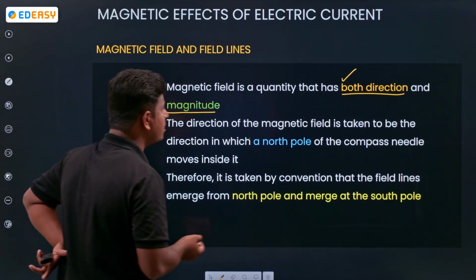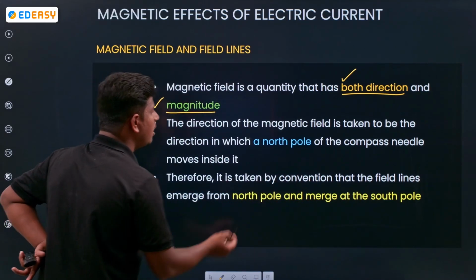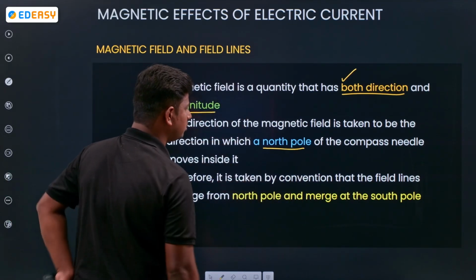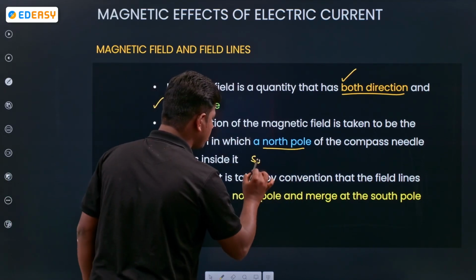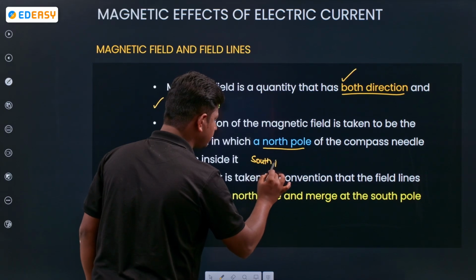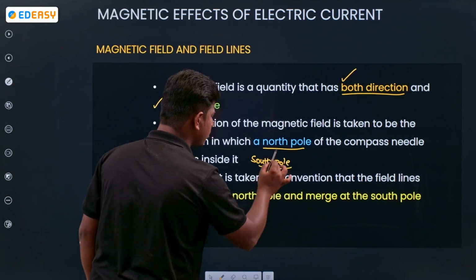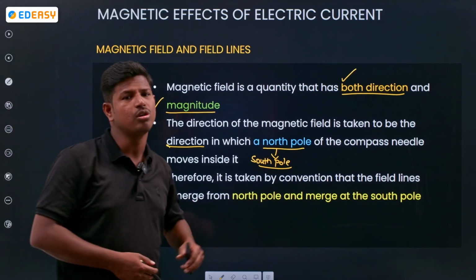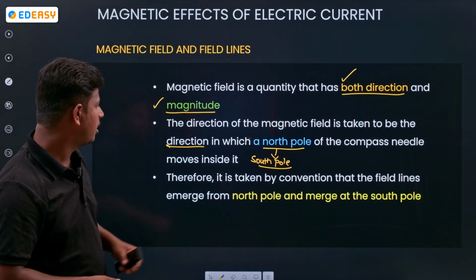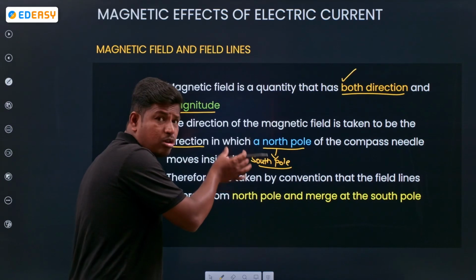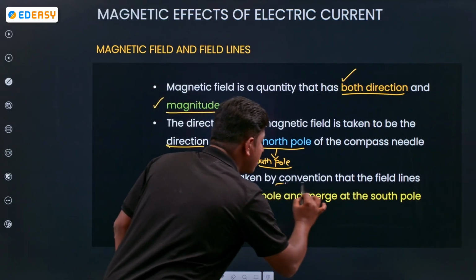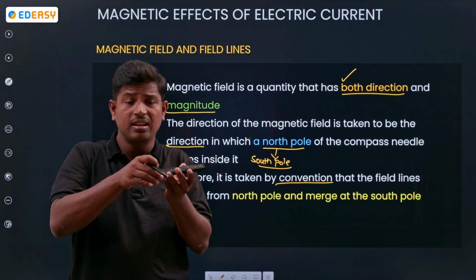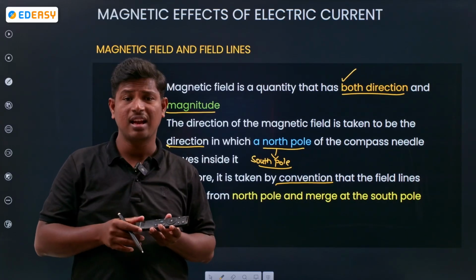Next, the direction of the magnetic field is taken to be from which pole to which pole? North pole to south pole. The direction of the magnet we take from north pole to south. And this north pole to south pole we take as a convention for the magnetic field, because inside the magnetic field line we cannot show it exactly.